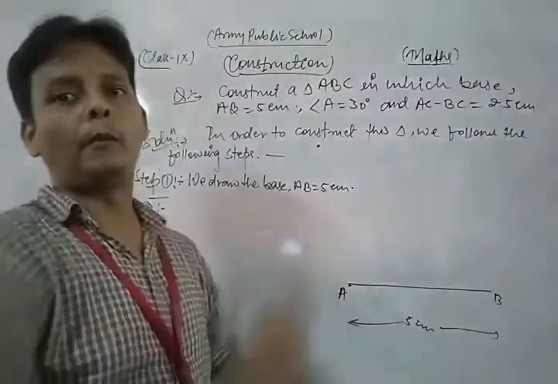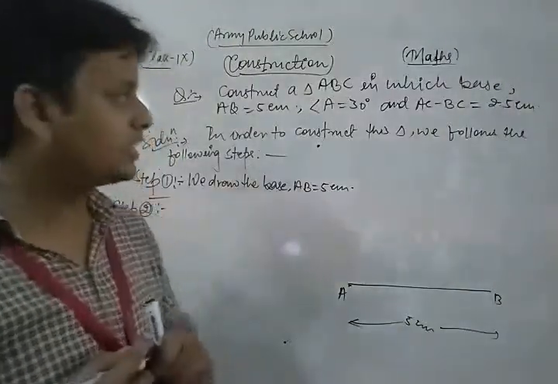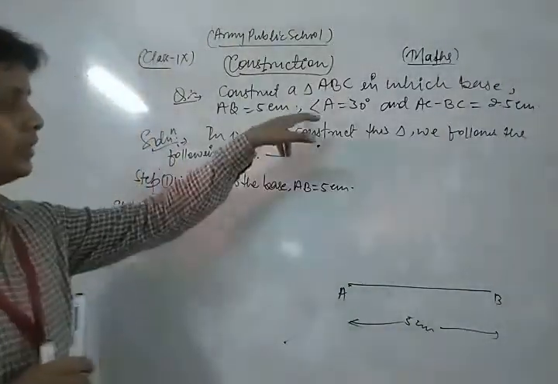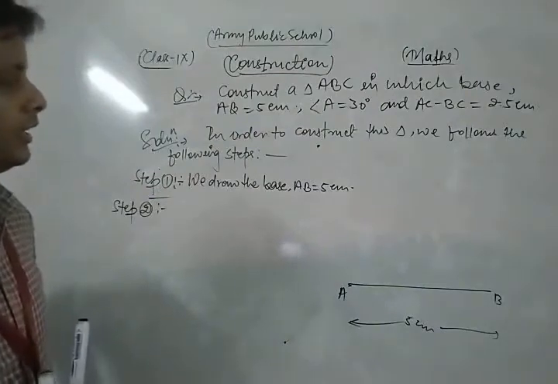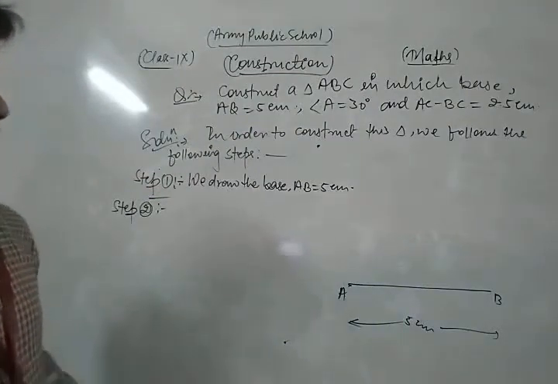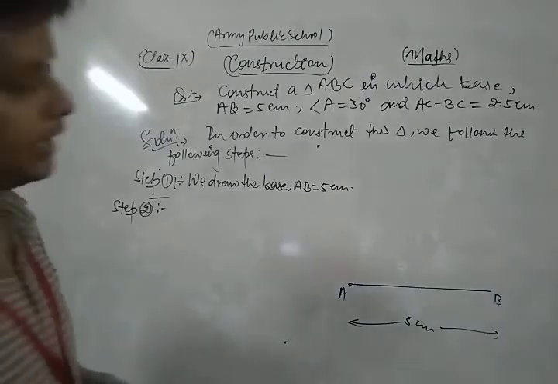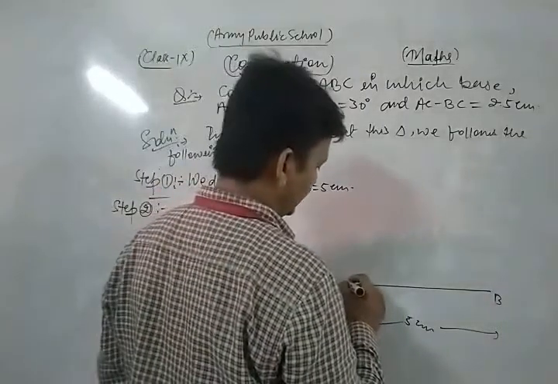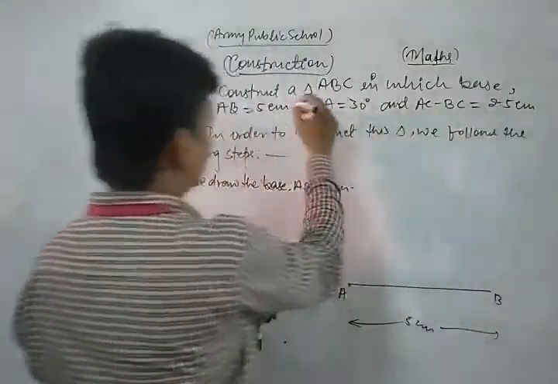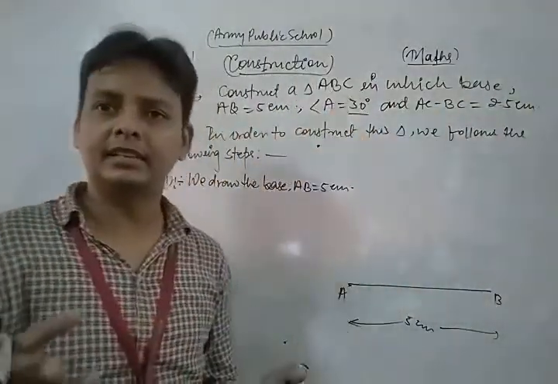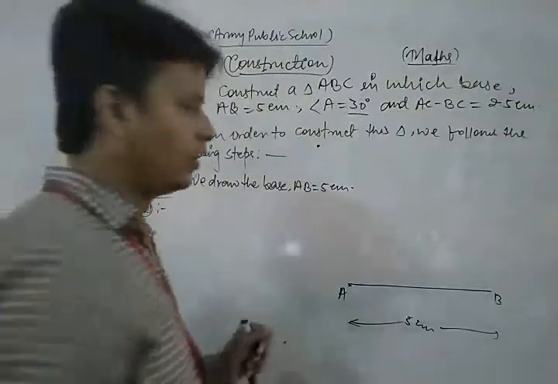Now in step 2, dear student, we draw a ray AX such that angle A is equal to 30 degree, because the base angle is given as 30 degree.